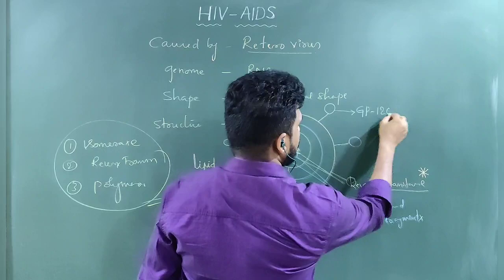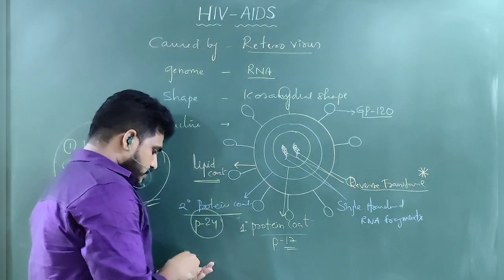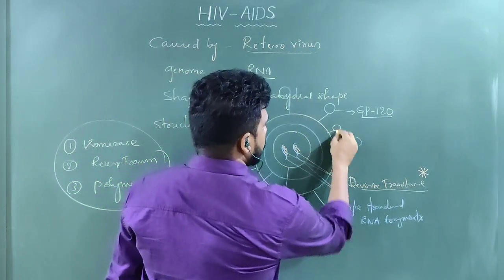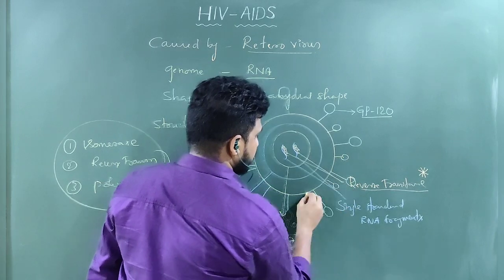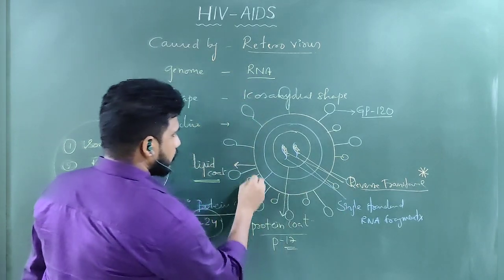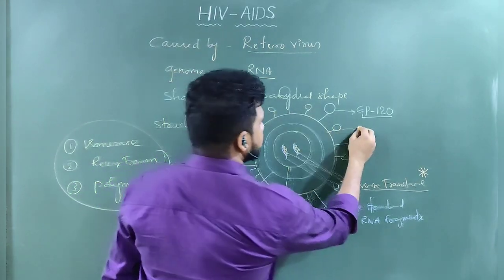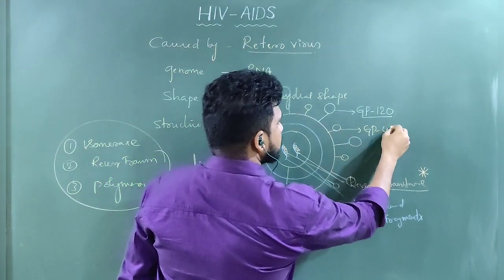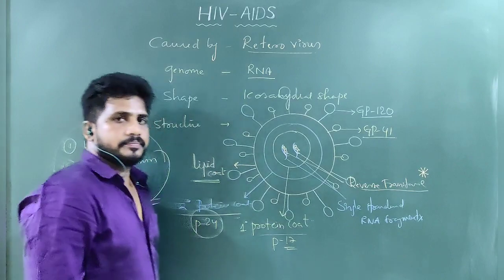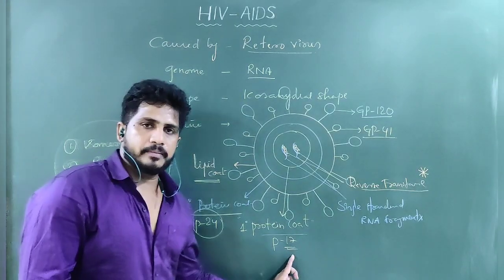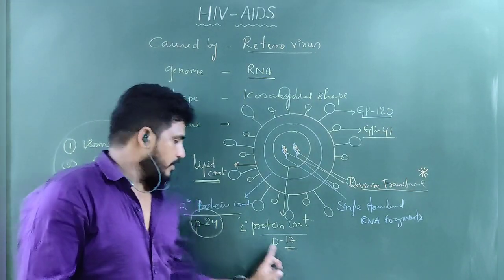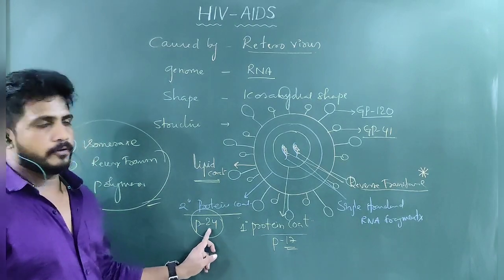They are called GP120. Between the GP120, other glycoprotein receptors are present. They are shorter than that. They are called GP41. GP means glycoprotein. So here P17 means protein coat 17, whereas this is protein coat 24.